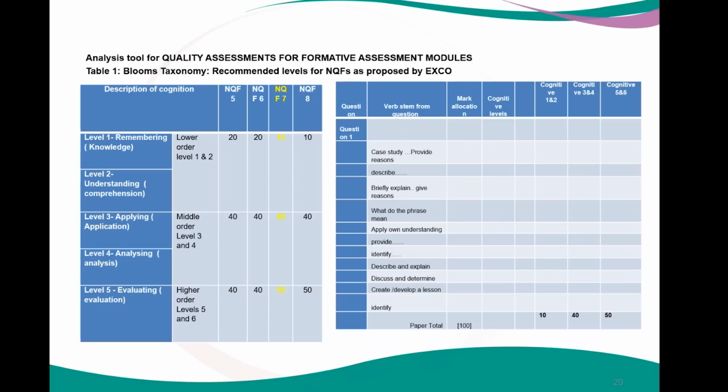Level 3 and level 4, where you have to apply and analyze, 40% of the paper. Where you have to evaluate and bring that kind of understanding, being creative, it's 50. These are higher order questions. So imagine, don't expect any question that will require you to just reproduce. Start thinking, start underlining keywords in the question. As you can see, the total paper is 10, 40, 50.